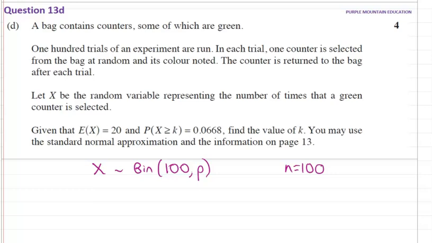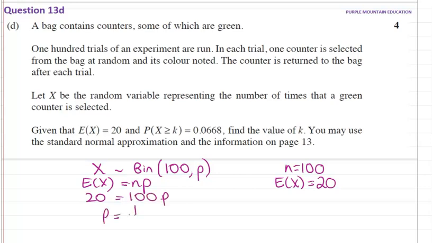Straight off the reference sheet, we can also use the fact that the expected value of x equals n times p. We know at n equals 100, the expected value of x equals 20. So 20 equals 100 times p, so p equals 1/5. That also tells us that 1 minus p equals 4/5.